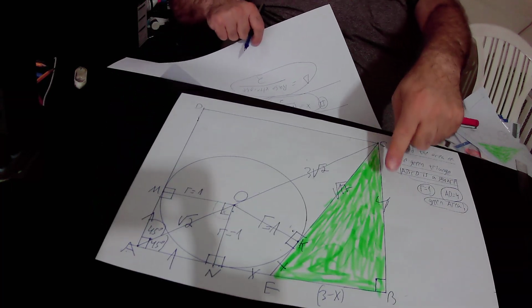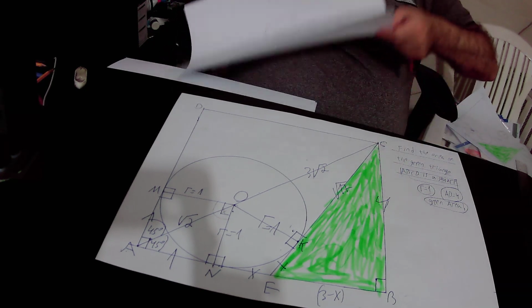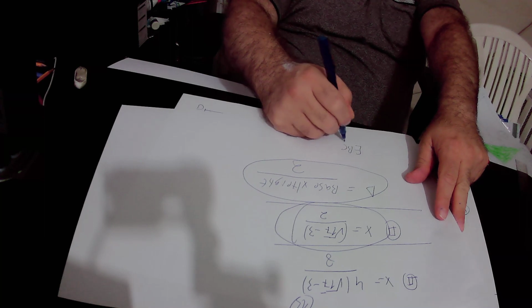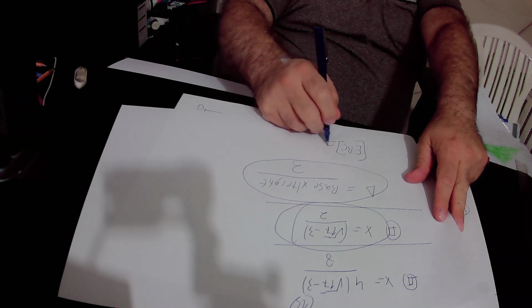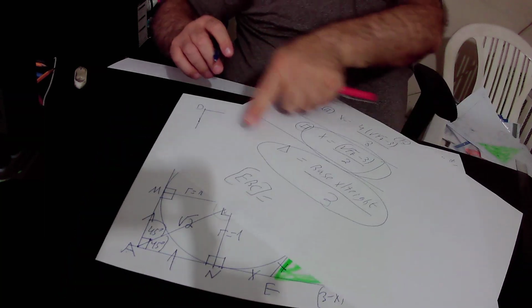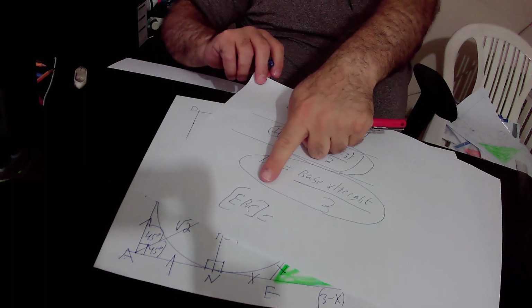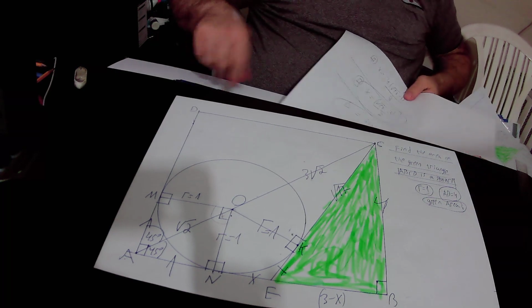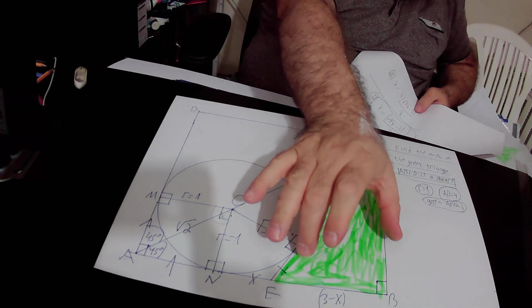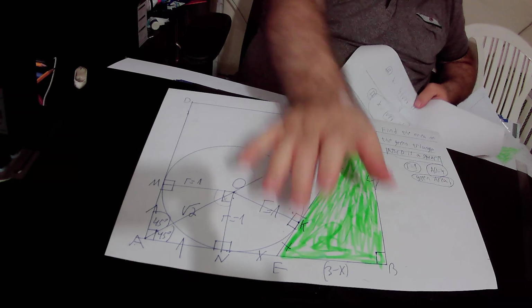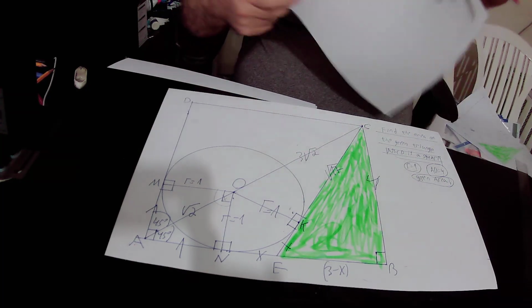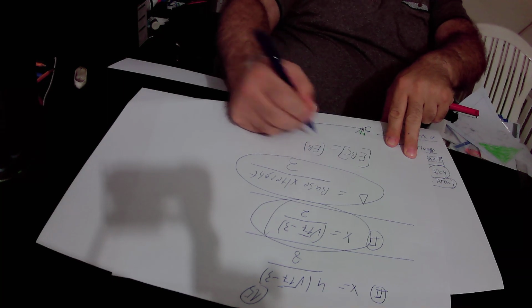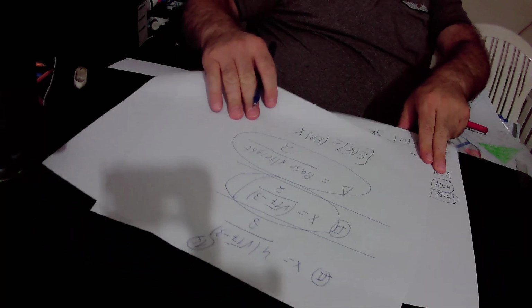So the area of triangle EBC will be equal to the base of the triangle EBC, that is actually EB. The base is EB, times the height.